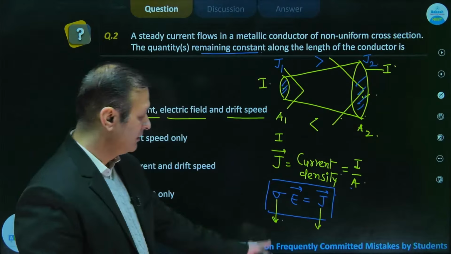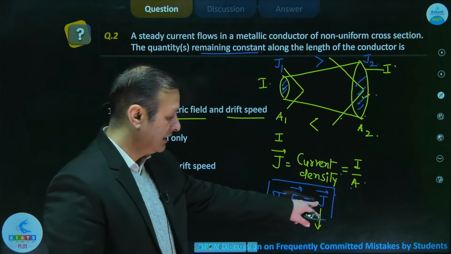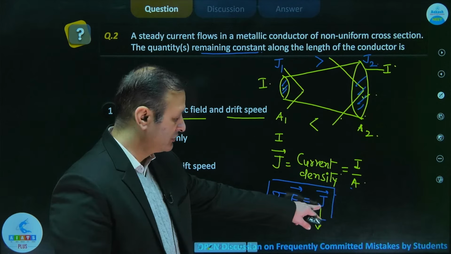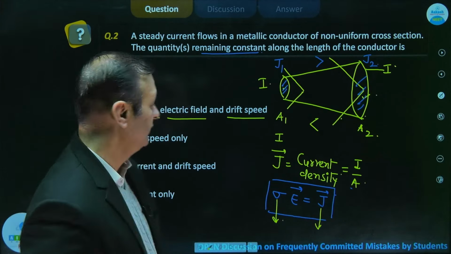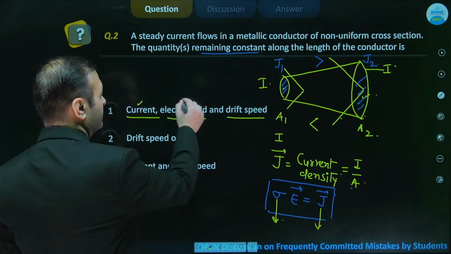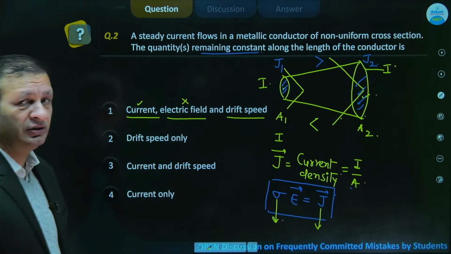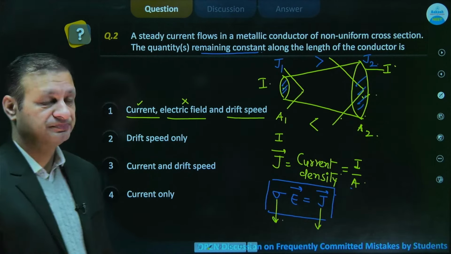So this is also constant. But if J is not constant, will the electric field along the length be constant? No. So electric field is not a constant parameter here.